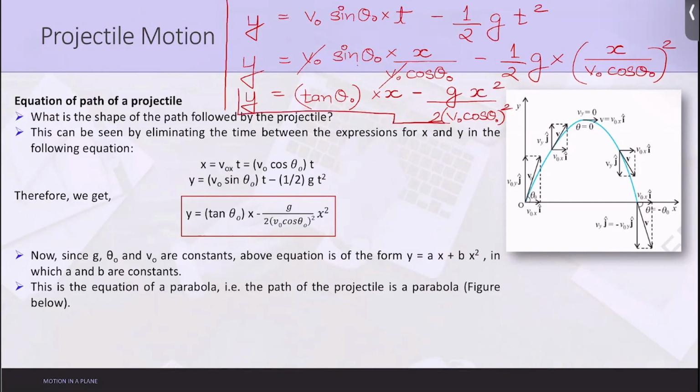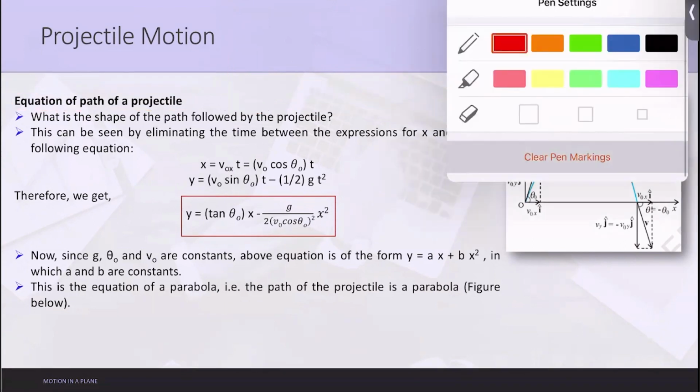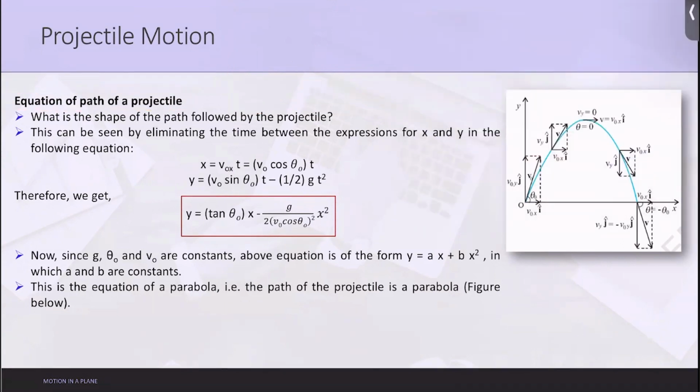Hence, this is the equation of a projectile. So y is equal to tan theta naught into x minus g by 2 into v naught cos theta naught whole square into x square. That is how we obtain the equation of path of a projectile. That was a small derivation regarding this.